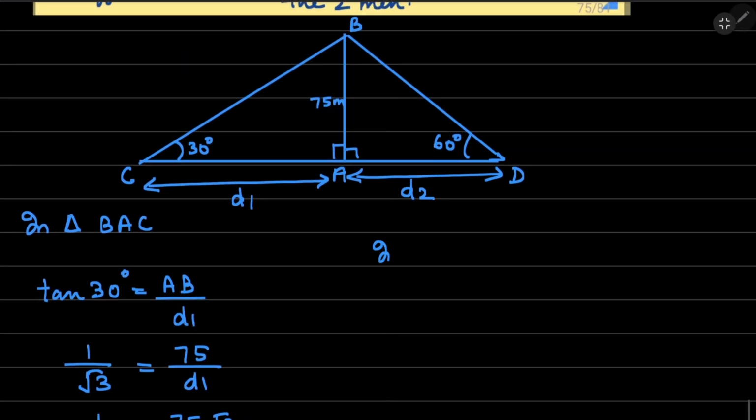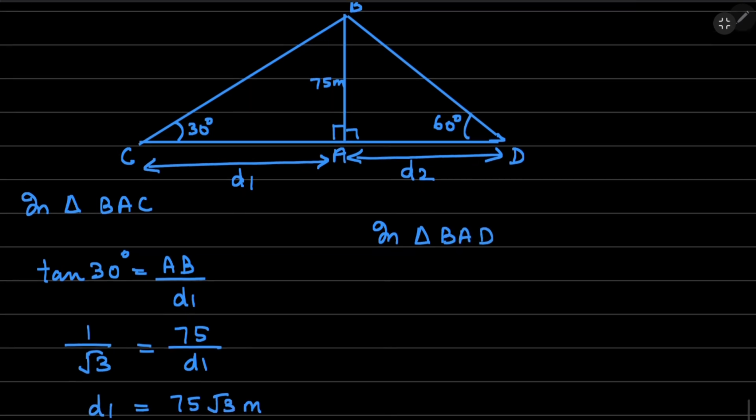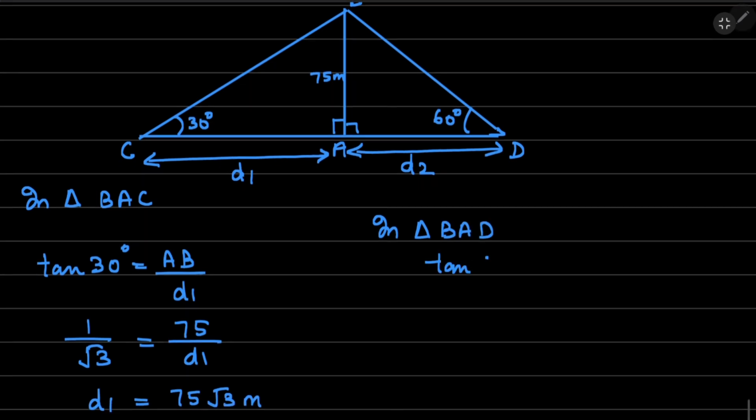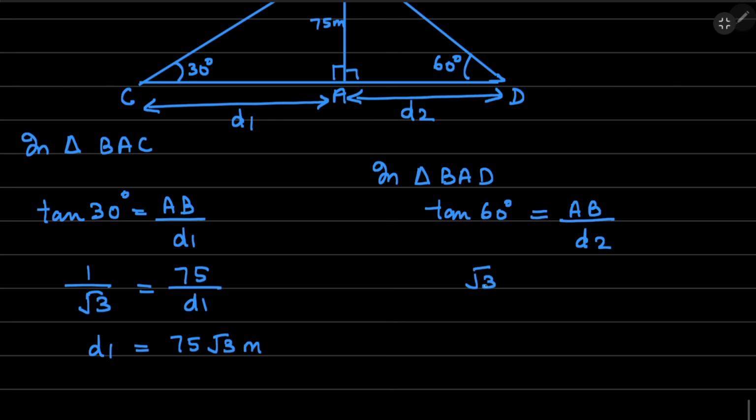Now similarly, you can take the other right angle triangle, that is BAD. What is tan 60? Tan 60 is root 3, equal to, again, P by B. Perpendicular by base. Base is D2. So tan 60 is root 3 equal to AB. What is AB equal to? 75 by D2.